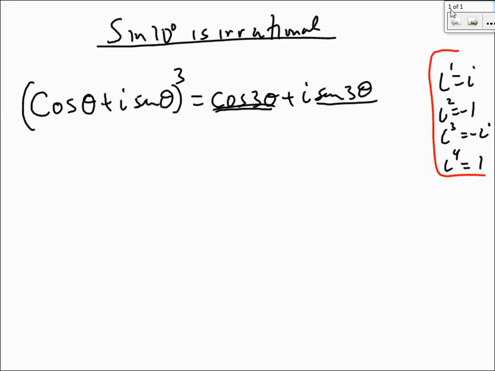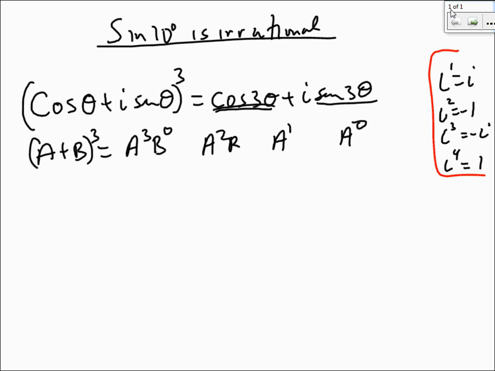Now what you need to recall is that a plus b cubed, well, you can think of it like this: a cubed, a squared, a to the first, a to the 0, b to the 0, b to the first, b to the second, b to the third, and you have coefficients 1, 3, 3, 1, all plus.